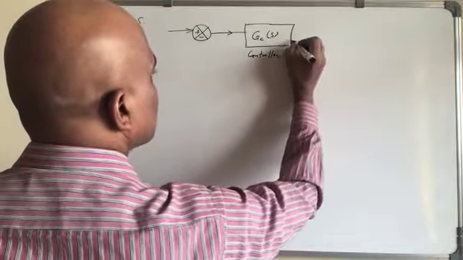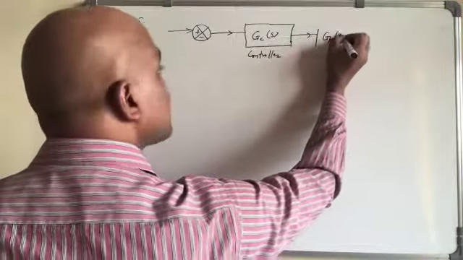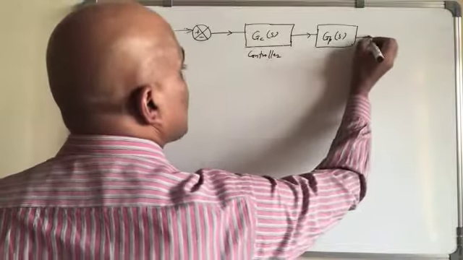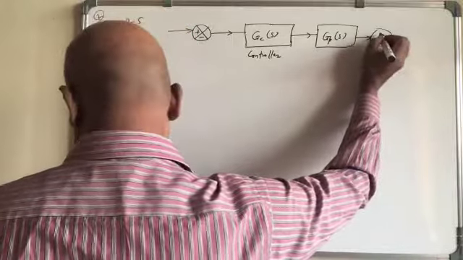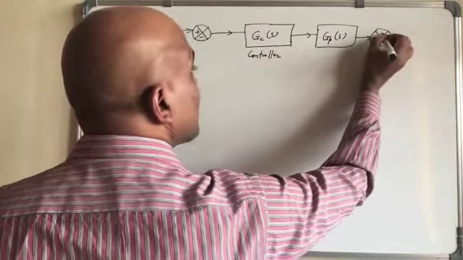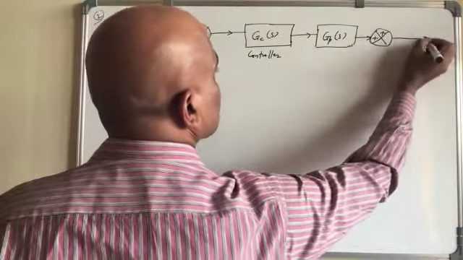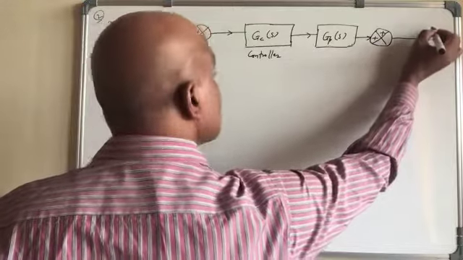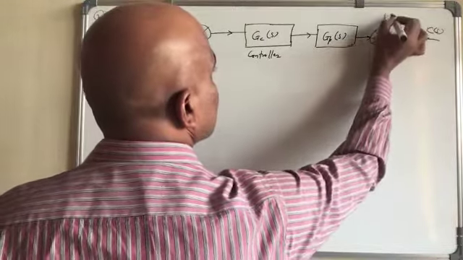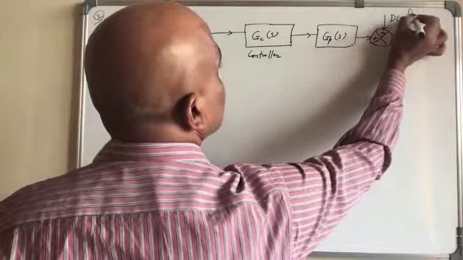Then there is a plant, GPS. And then you have plus here, and CS, and there is a disturbance D. Okay, so this is disturbance.